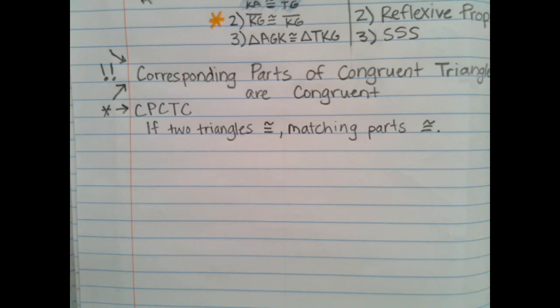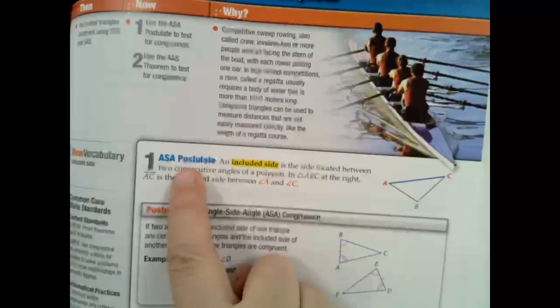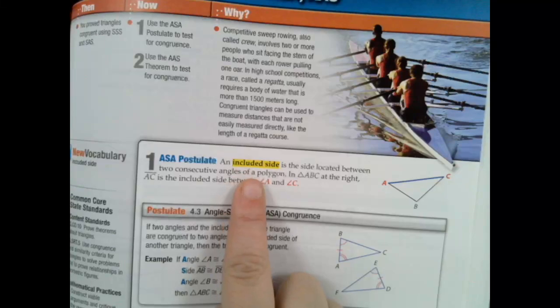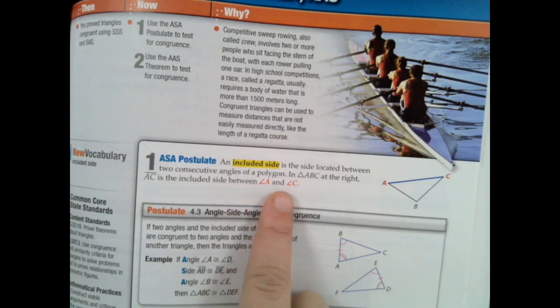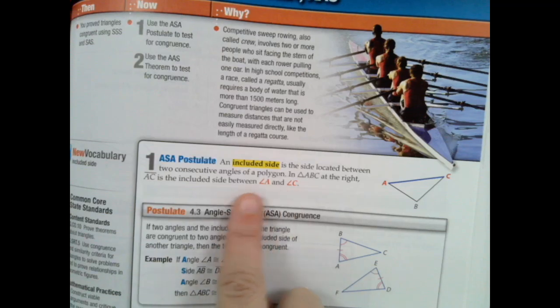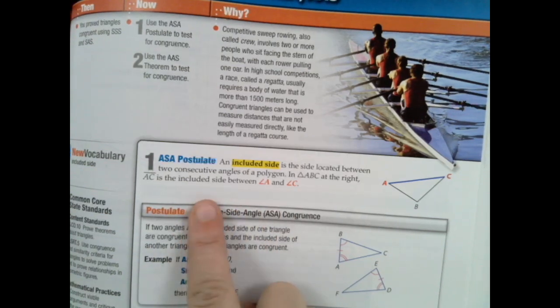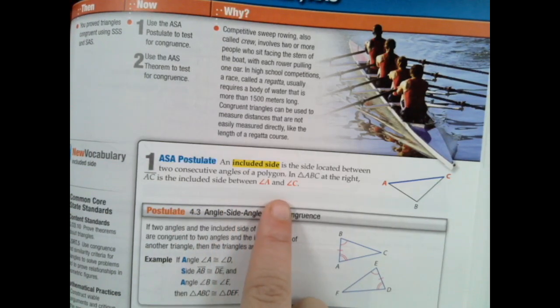We would have our textbooks open. So if we were doing today's lesson, this is how he would teach you guys. The ASA postulate. An included side is the side located between consecutive angles of a polygon. In triangle ABC, at the right, AC is an included side between angle A and C. I kid you not, no one was awake in that class.